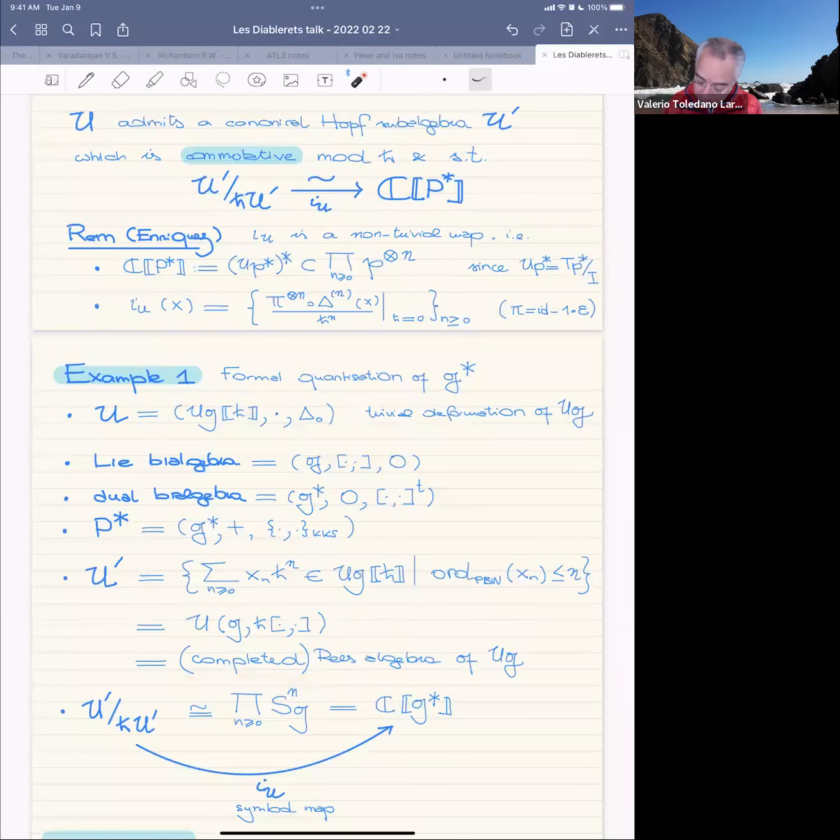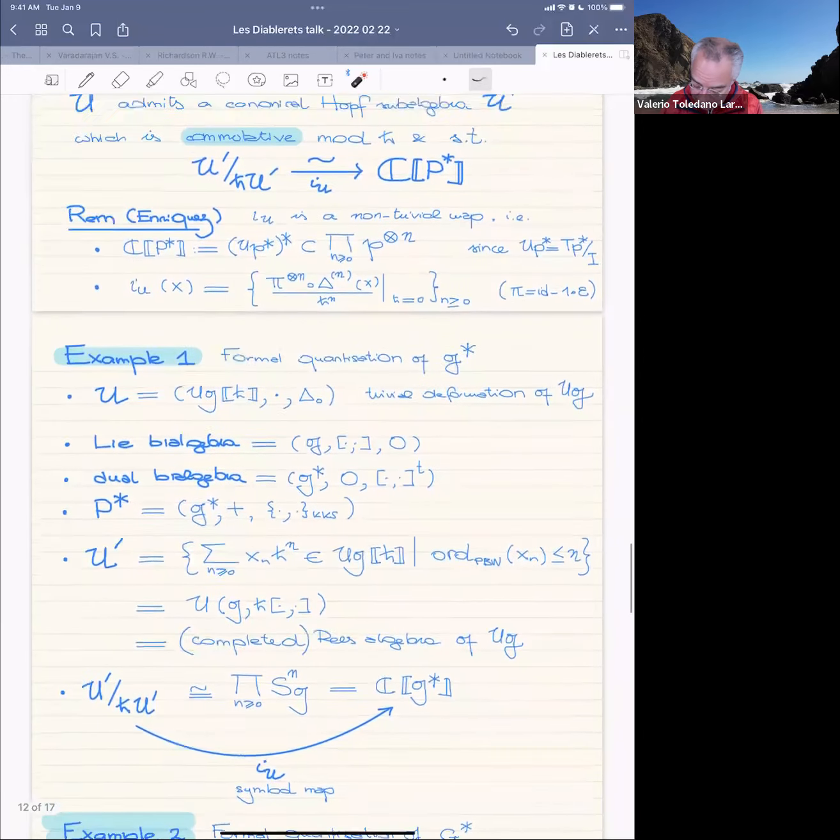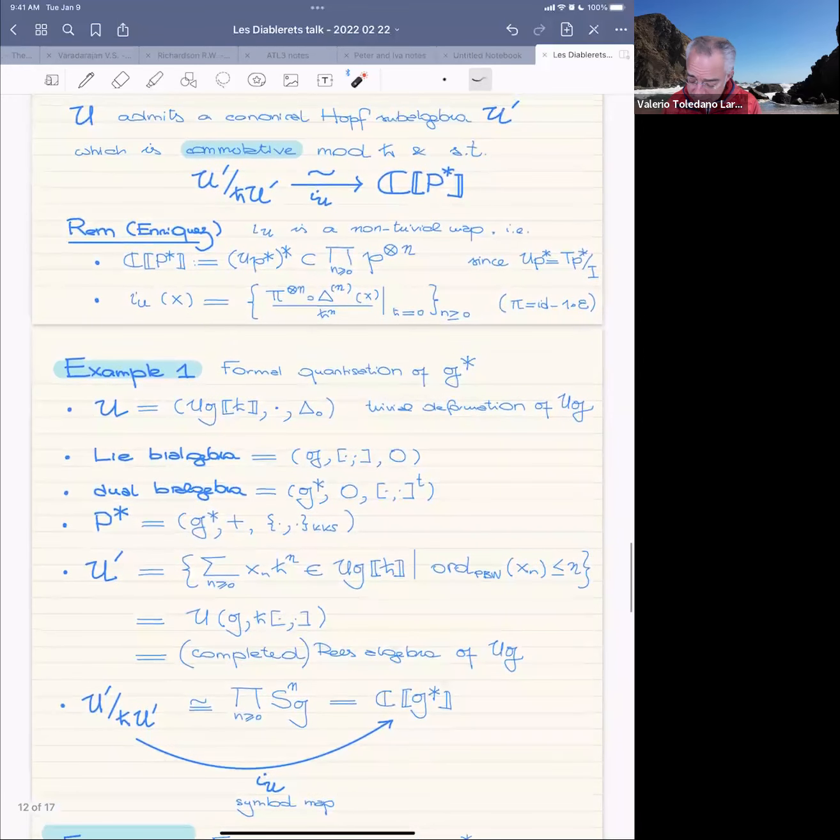Okay. So once you've made this very easy observation, then you know that when you set h bar to 0, that means you're taking the graded. So this graded, because of the completion, is the direct product of all symmetric algebras, and this by definition is clearly functions on G star. And what is this, what I termed as a complicated identification between this quotient and this?